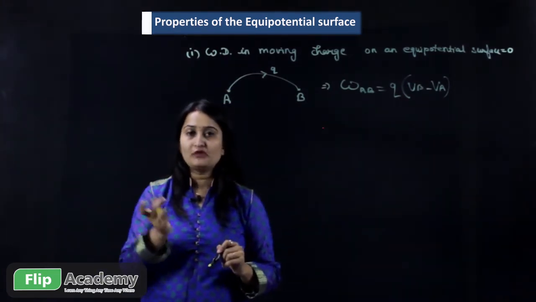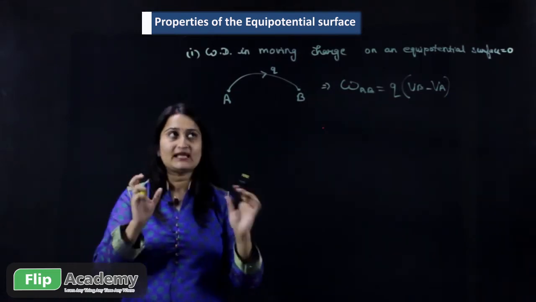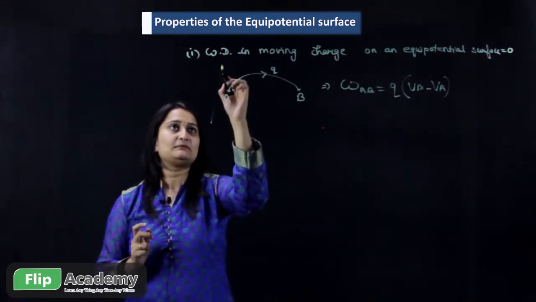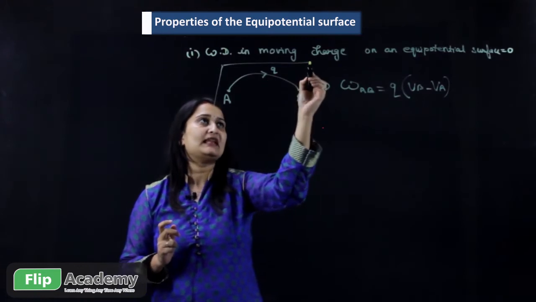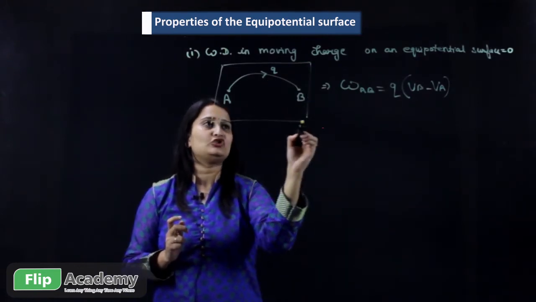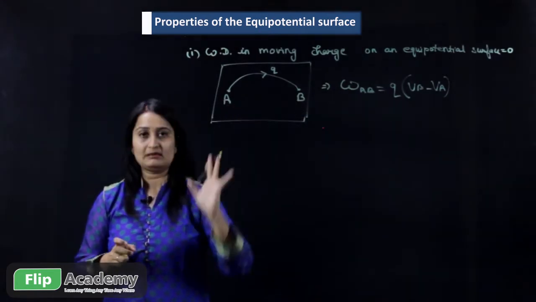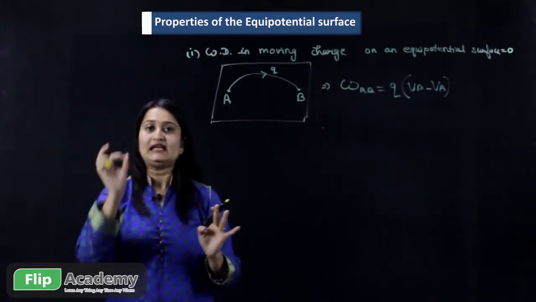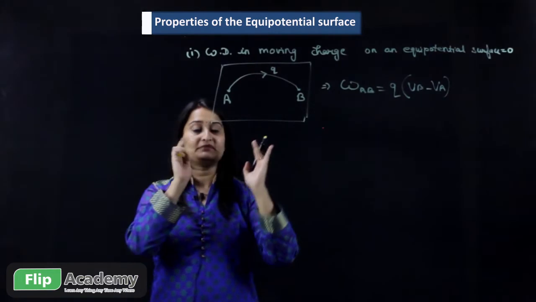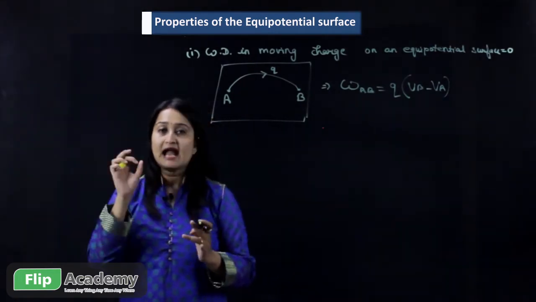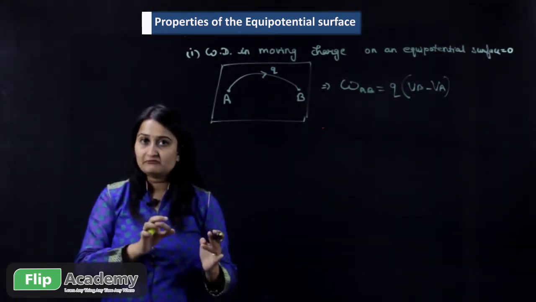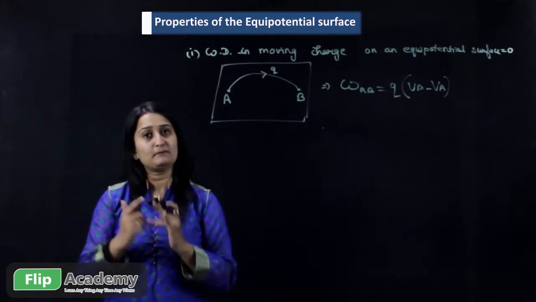Now, if I talk of the equipotential surface, this point A and B lie in the equipotential surface. So in that condition, at all points you will find the same electric potential.